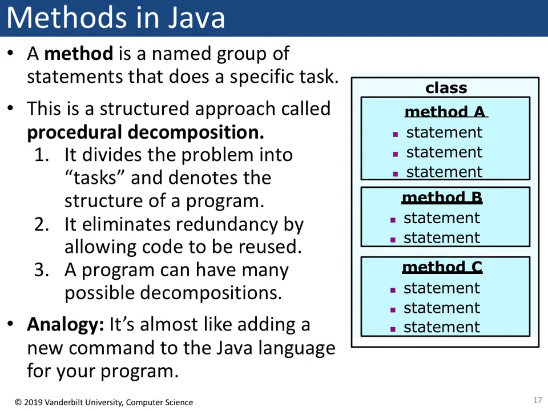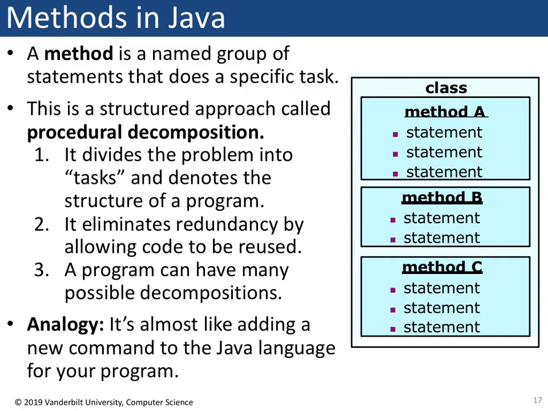So a structured approach to decomposing a problem into individual pieces that you can code into methods is called procedural decomposition. You divide the problem into tasks and denote the structure of the program based off the tasks that need to be completed.